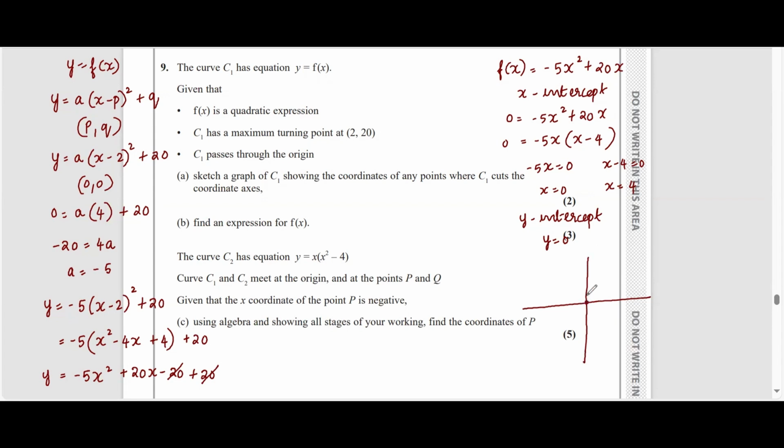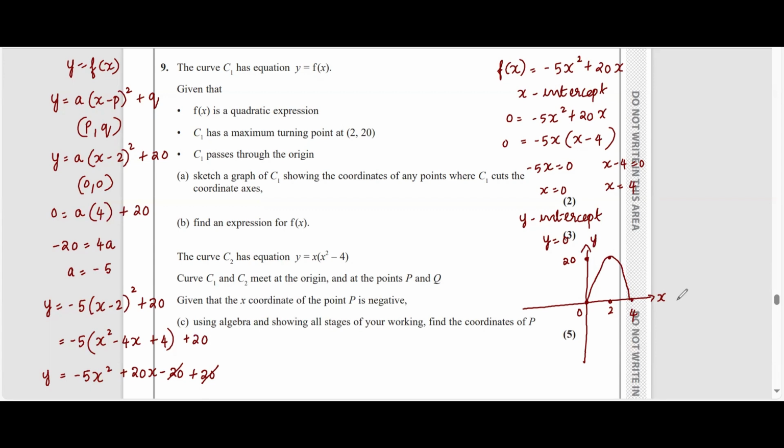So this is the origin. X-intercepts are 0 and 4. And then the maximum point is given here as (2, 20). Let's say this is 2 here and 20 here. So (2, 20) will be somewhere over here. Plot. So this will be the graph. You can just mark the x and y axis.